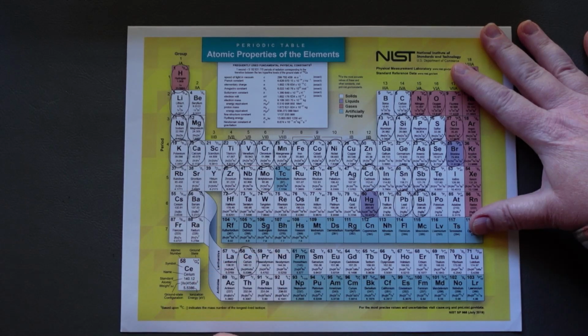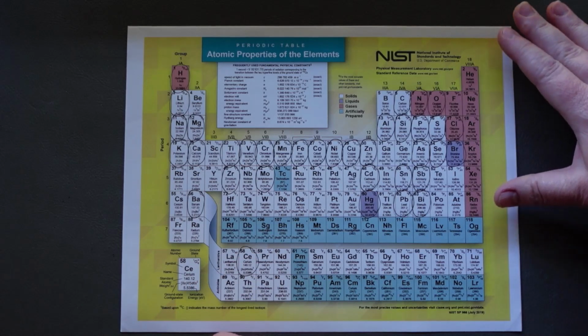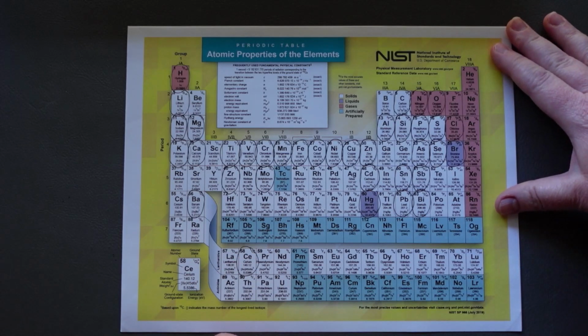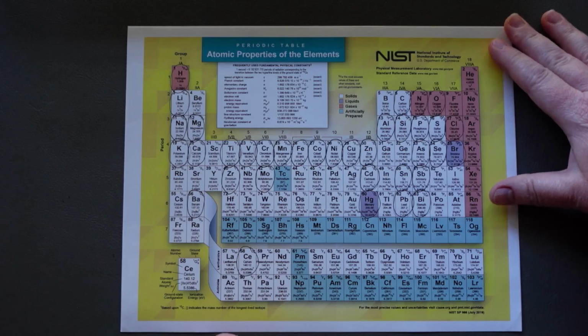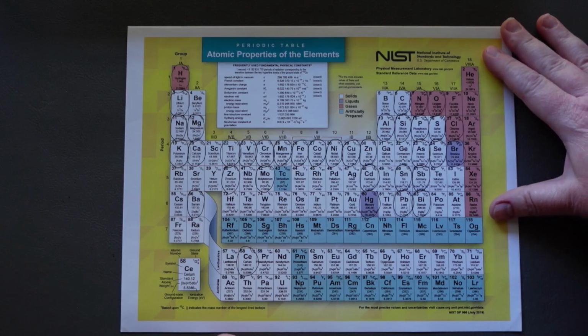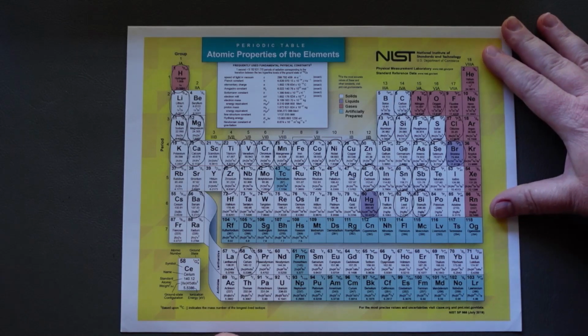So I want to look at those kinds of things. But before we do that, I just wanted to do a quick refresher, or it might be new to you, depending on how much chemistry you've taken before, on some of the elements that you'll find in the pigments, and in particular, the chemical symbols for those elements.